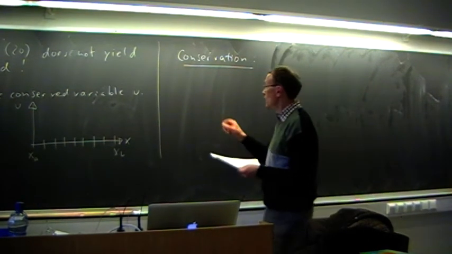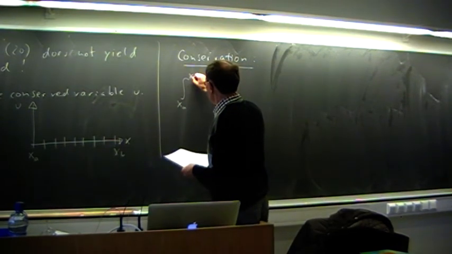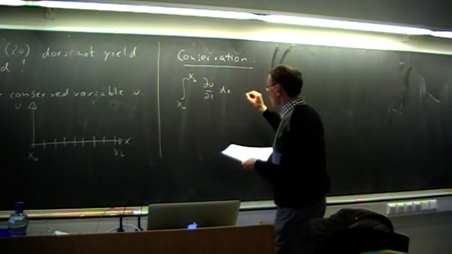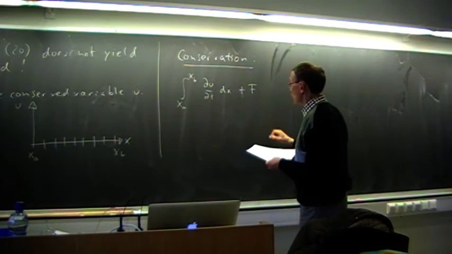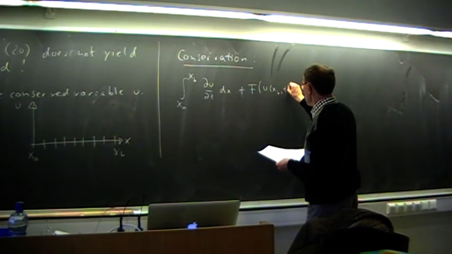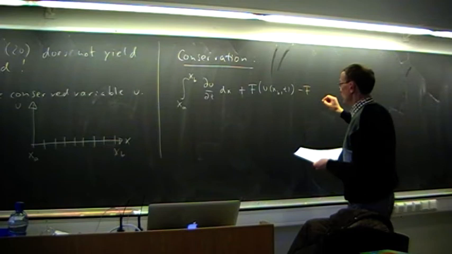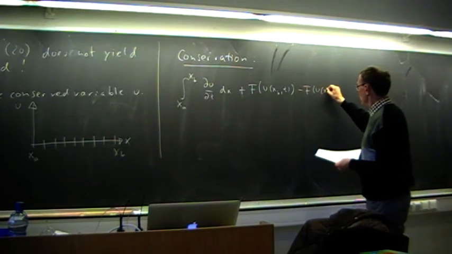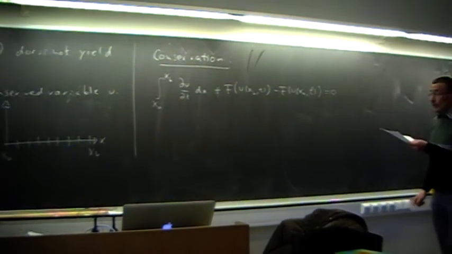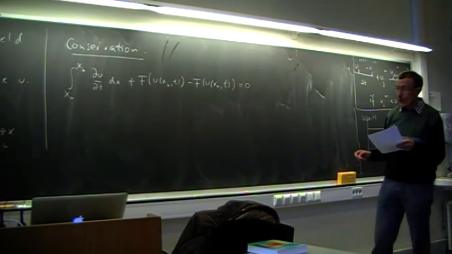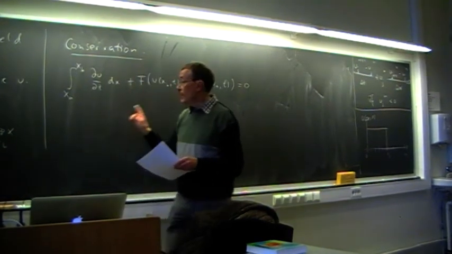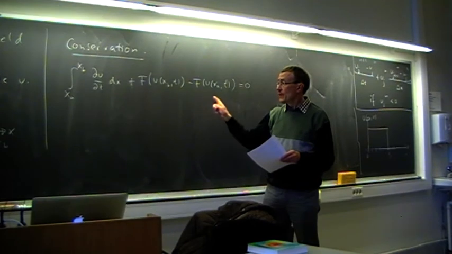And in the end, when we integrate the equation, say du/dt dx, what we should get is the flux on the right, f(u(x_b)), minus the flux on the left, f(u(x_a)). That should be 0. And when we do the discretization on all the intervals that we have here, and we sum them, in the end we should get that. So that is a criterion.